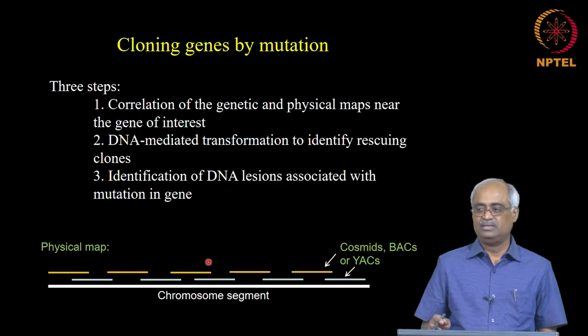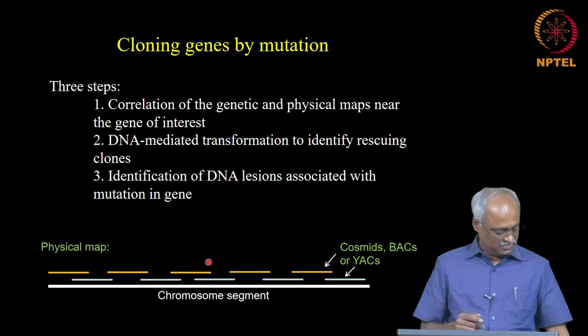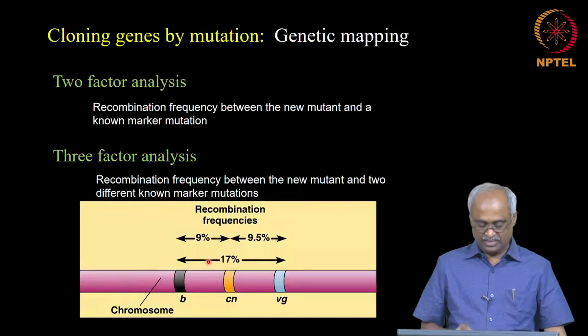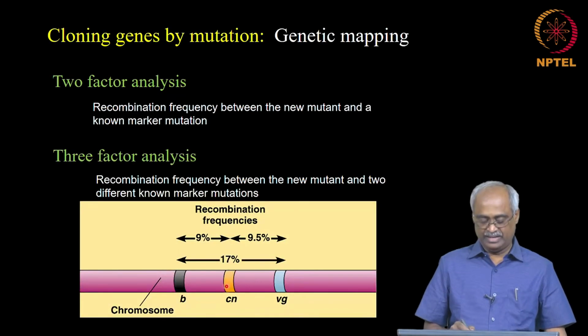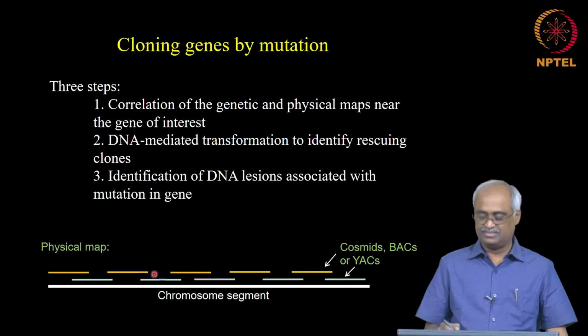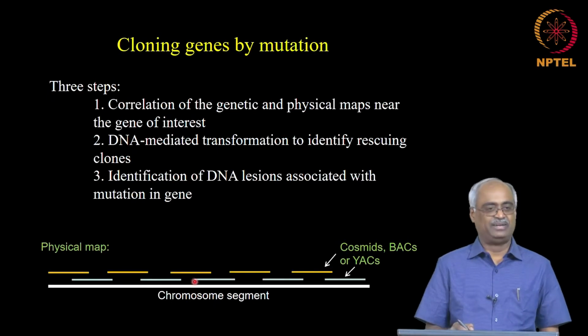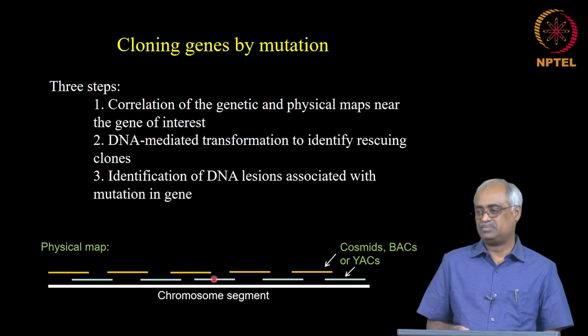So, is this clear? Now, in our mapping approach, we jump from this, knowing that it is 9 map units to the right of black. From there, now you need to jump to this, where in this cosmid that map unit 9 is.